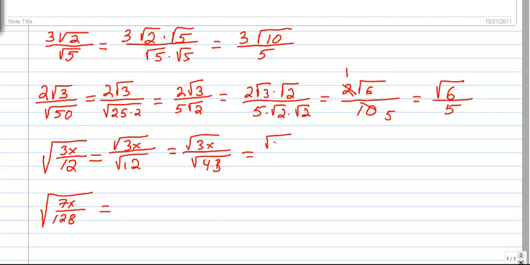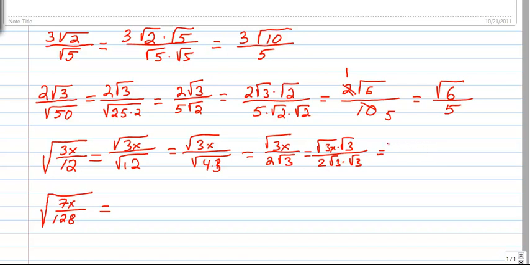So what we have here now, radical 6, and square root of 4 is 2, radical 3. And now we need to multiply both the numerator and the denominator by radical 3.